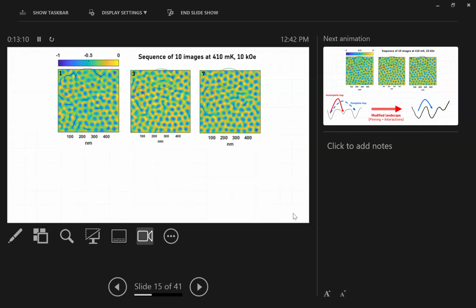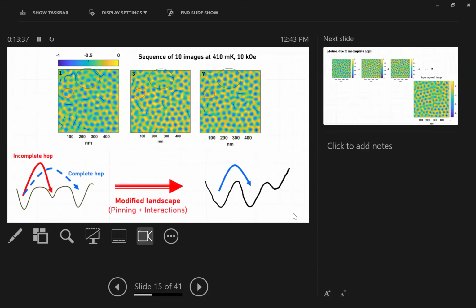If you look at these minima here, some of these minima, like these ones in red, these are deep minima that remain the same in all images. But if you look at these ones in circle in green here, some of these minima change position, and also change intensity. So this is the first, third, and seventh frame of the sequence. And what is happening is this. What I have considered earlier was the complete hops.